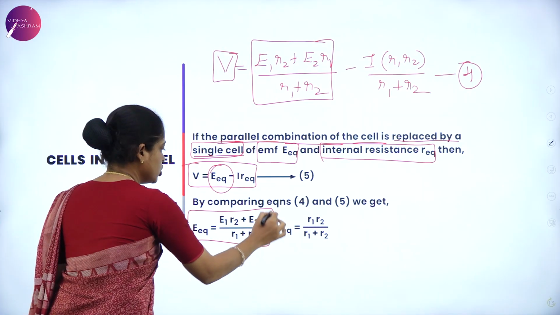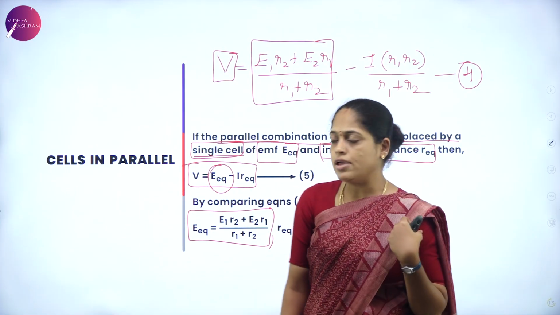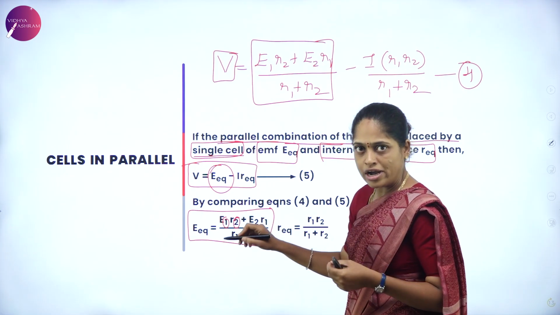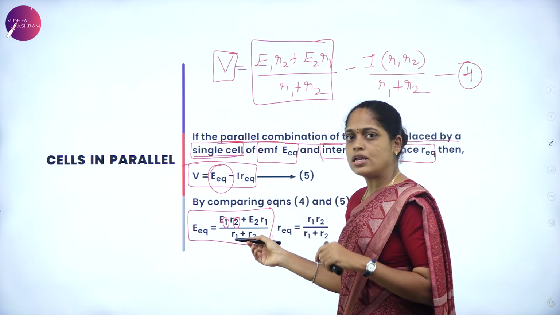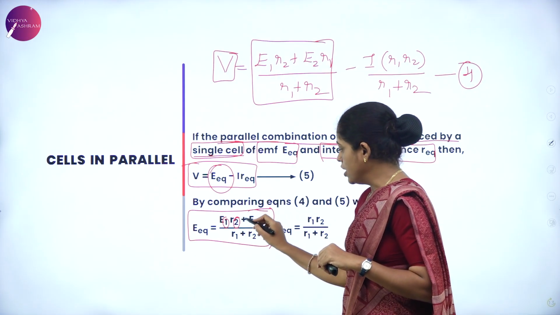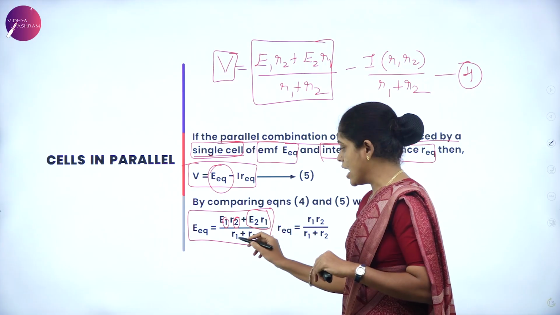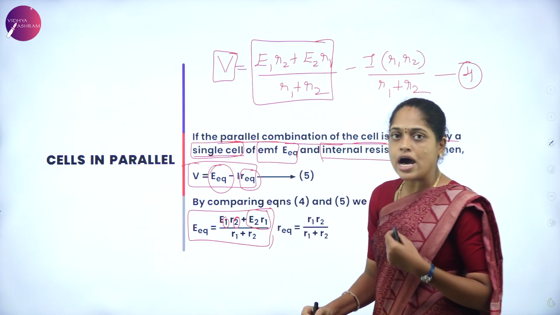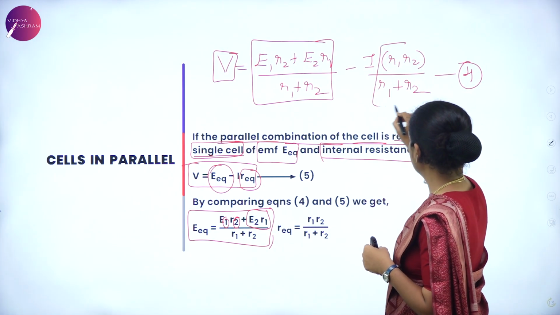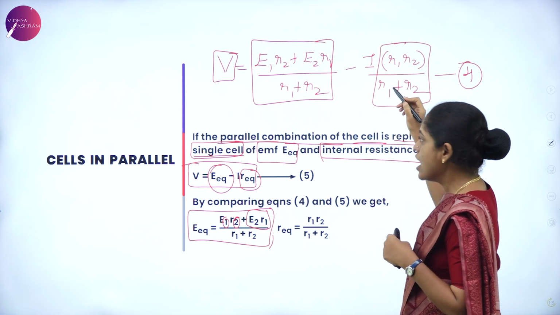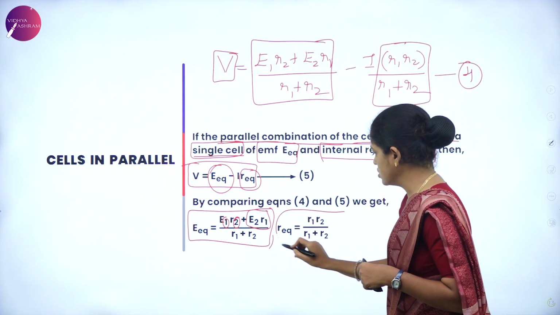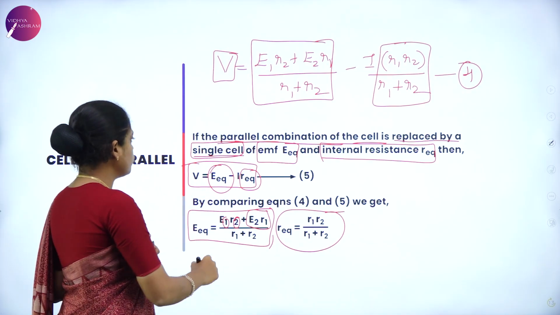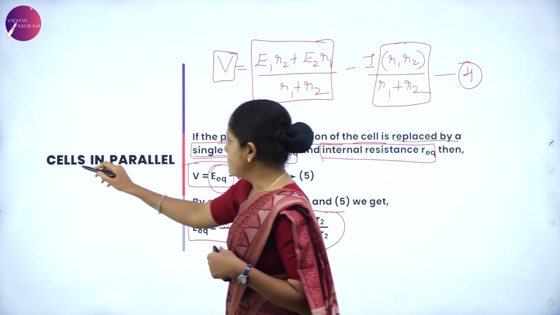Observe this: if you write E1, then for R you have to write the next number, that is R2, and E2 R1 by (R1 plus R2). Compare and find out the expression for R equivalent. The expression for R equivalent is R1 R2 by (R1 plus R2). So this is the equivalent EMF and equivalent internal resistance of two cells which are in parallel.